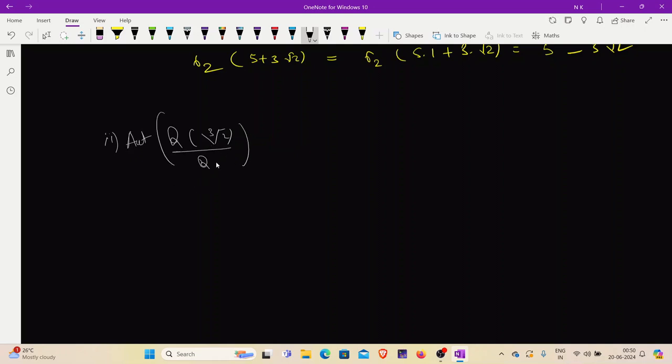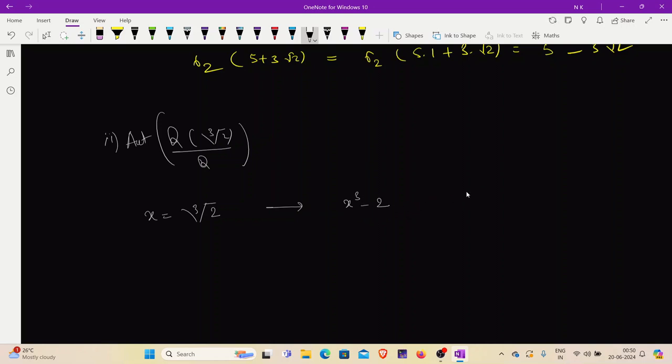Okay, so first of all, let me find out what the element structure is in Q(∛2). The element adjoined is the cube root of 2. So if I take x equal to the cube root of 2, the polynomial satisfied by this element is x cubed minus 2, right? And the degree of the polynomial is 3.